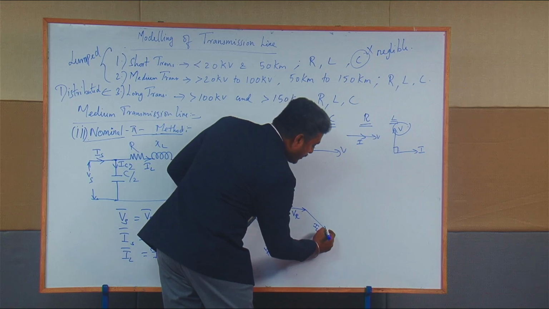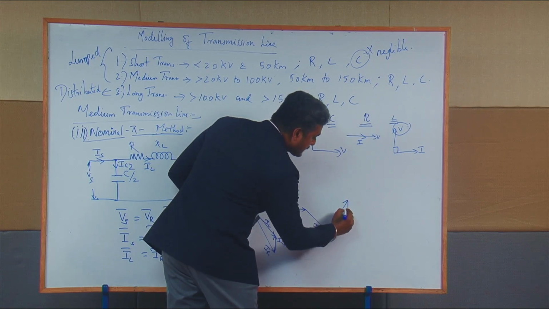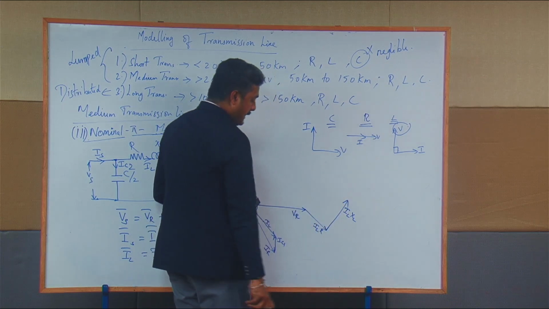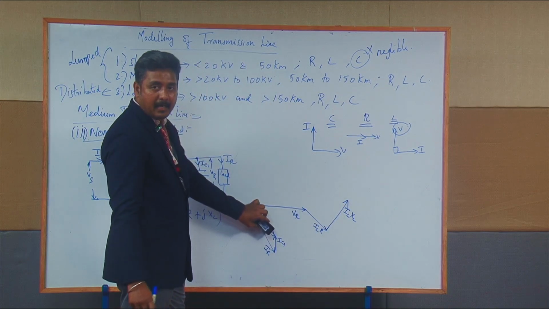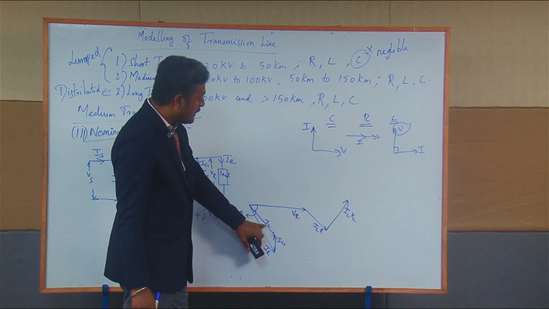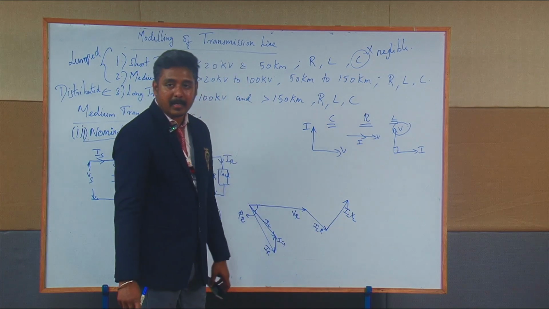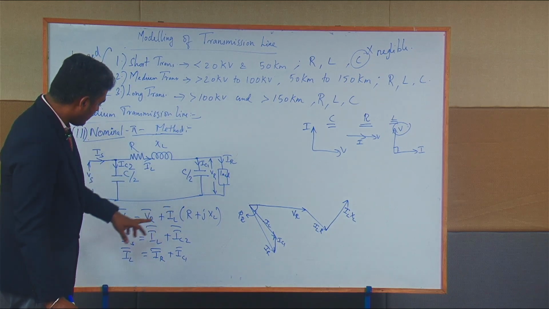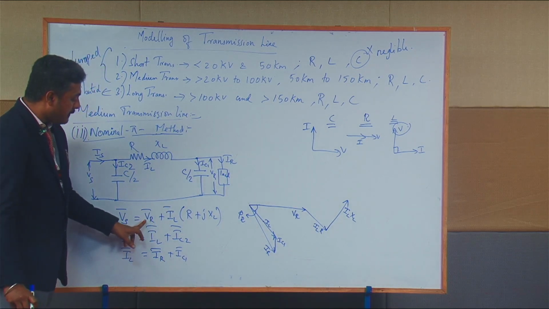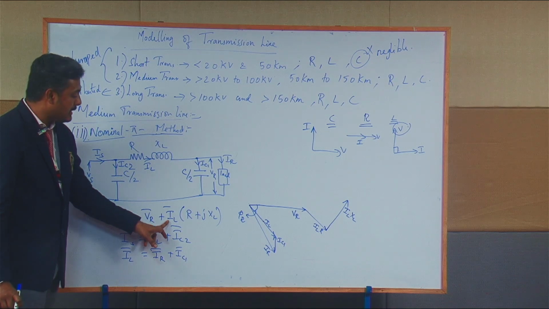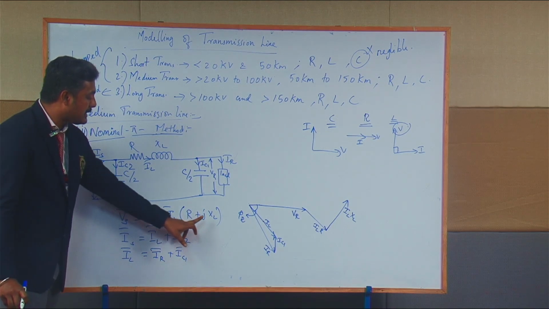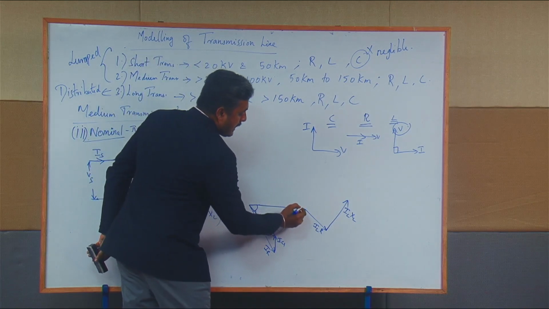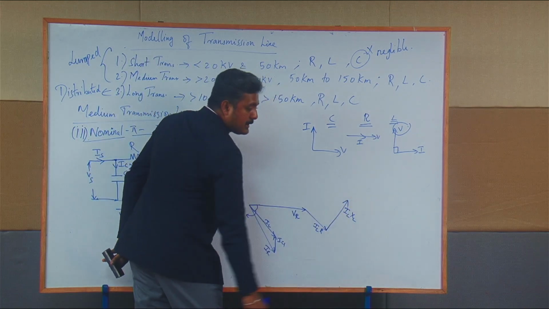Therefore, I am going to draw the IL into XL vector leading the current IL by 90 degrees. See here, the Vs vector is equal to the VR vector plus IL into R vector plus IL into XL vector. We have drawn the VR vector, IL into R vector and IL into XL vector.